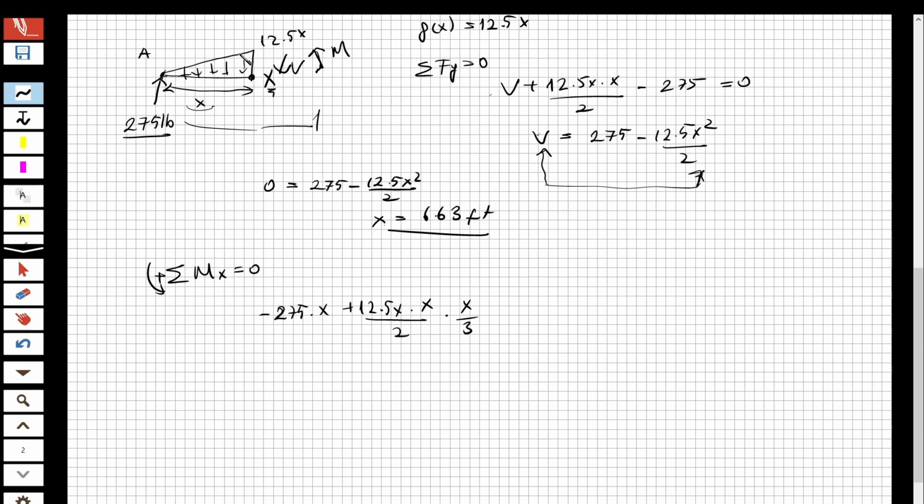Look at here, this is a triangular load, so it's going to be 2x over 3, this length, at which the point load will be applied.